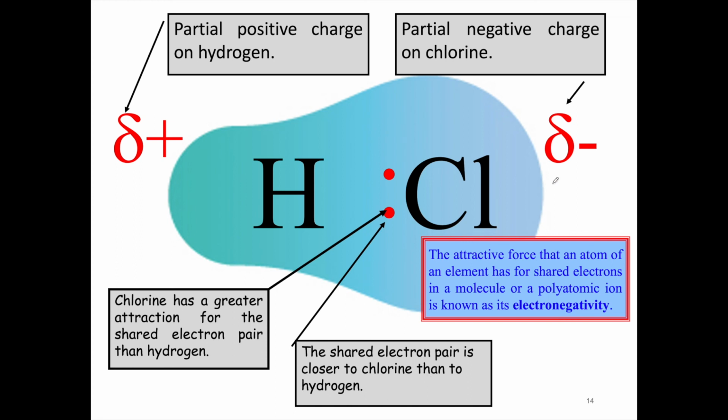The electron cloud around the hydrogen is much smaller compared to chlorine. The attractive force that an atom of an element has for shared electrons in a molecule or a polyatomic ion is known as electronegativity.